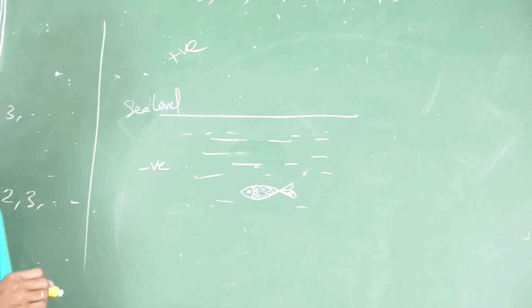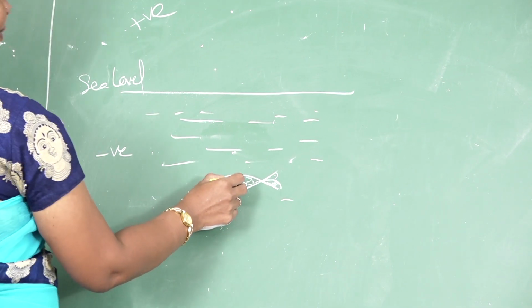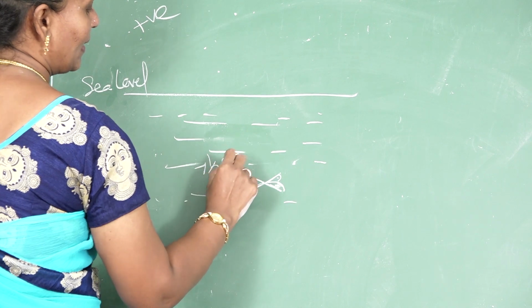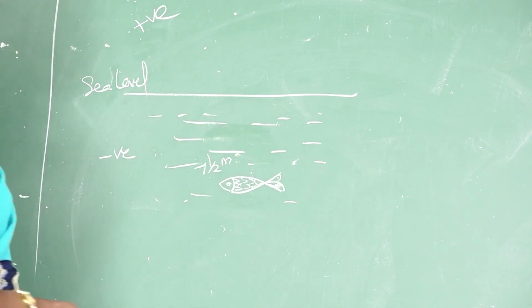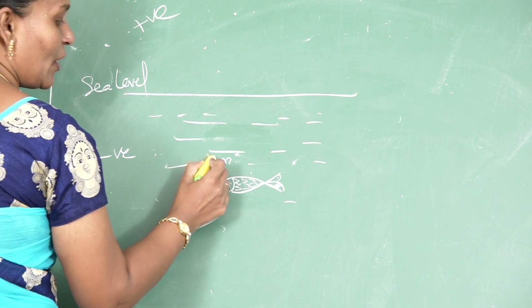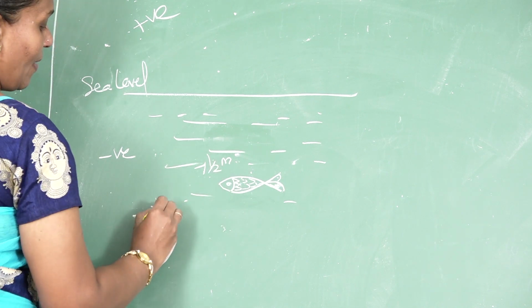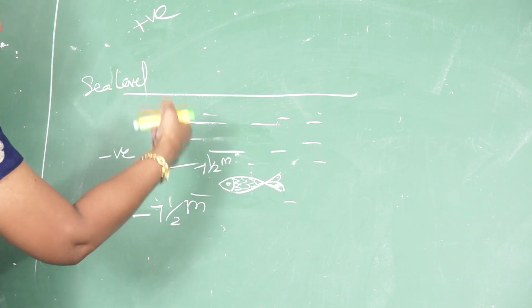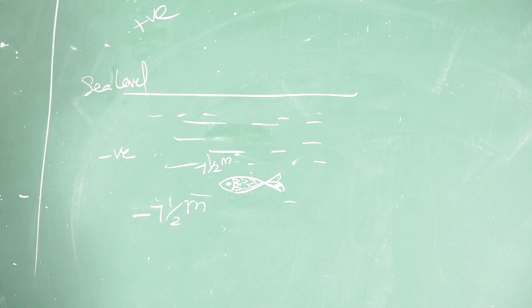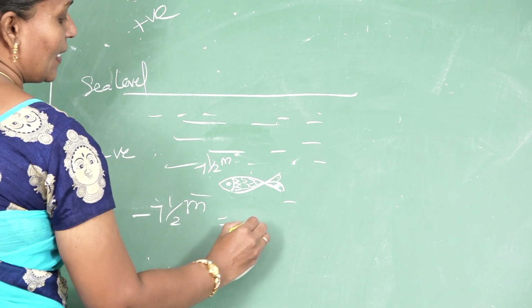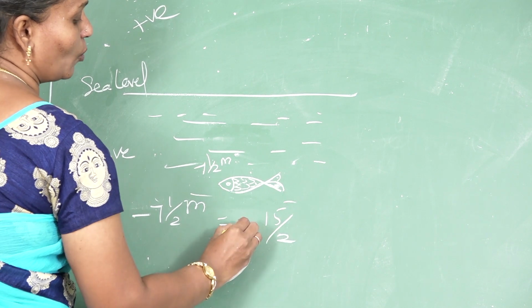Now, the fish is 7.5 meters below the sea level. So how do you mention the 7.5? Minus 7 1 by 2, because this fish is below the sea level. So this minus 7.5 is minus 15 by 2.